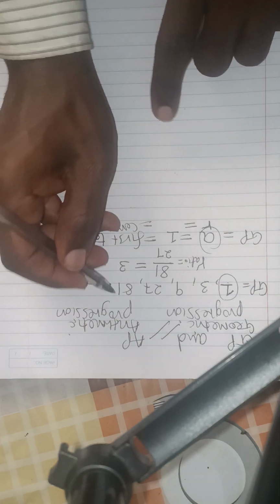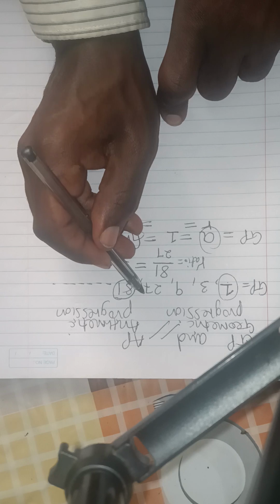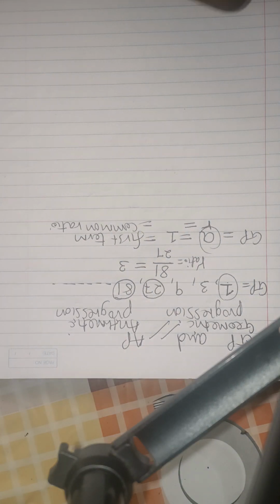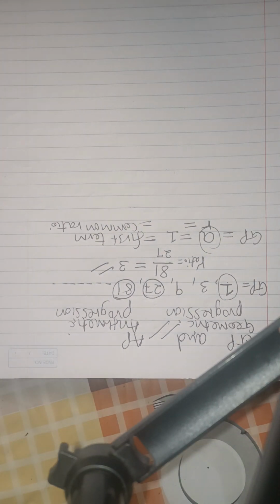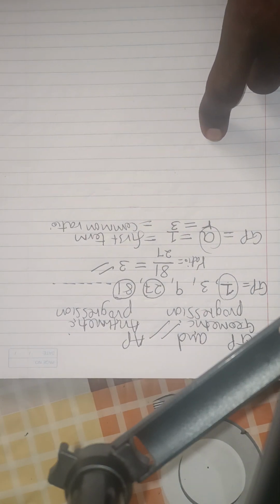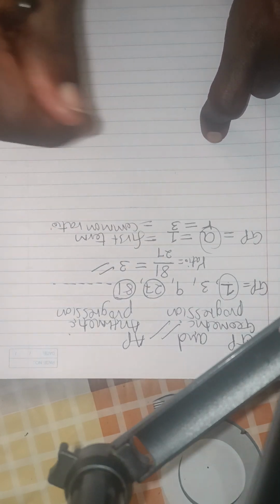For example, I picked 81 as my next term, then I divided by the previous term, which is 27, and that gave me a ratio of 3. So another thing to consider is the common ratio, which is given in this case as 3.